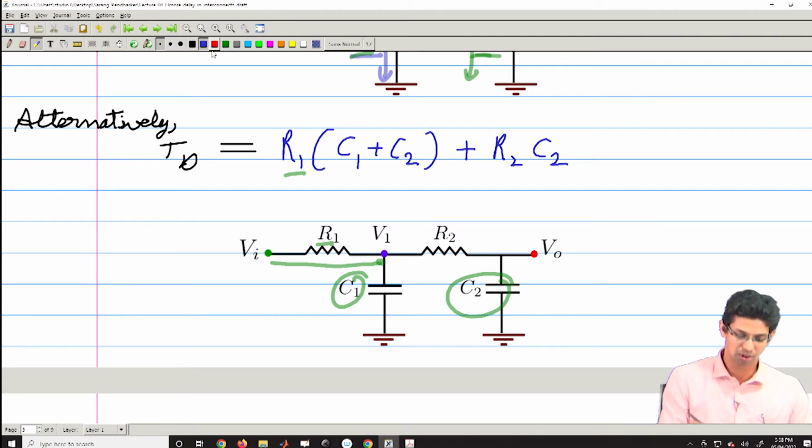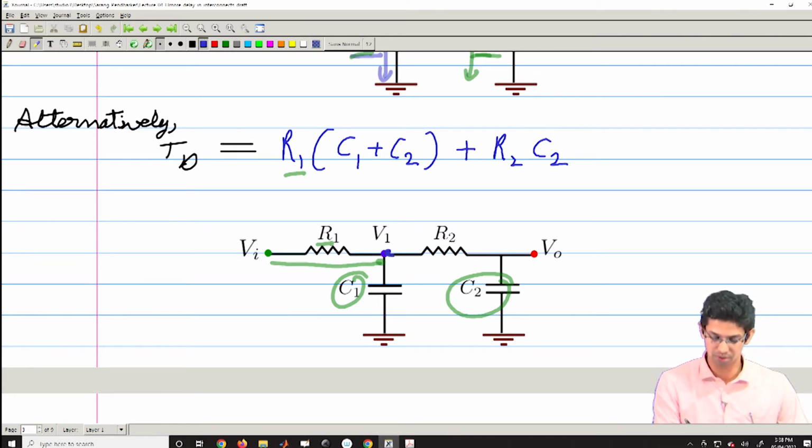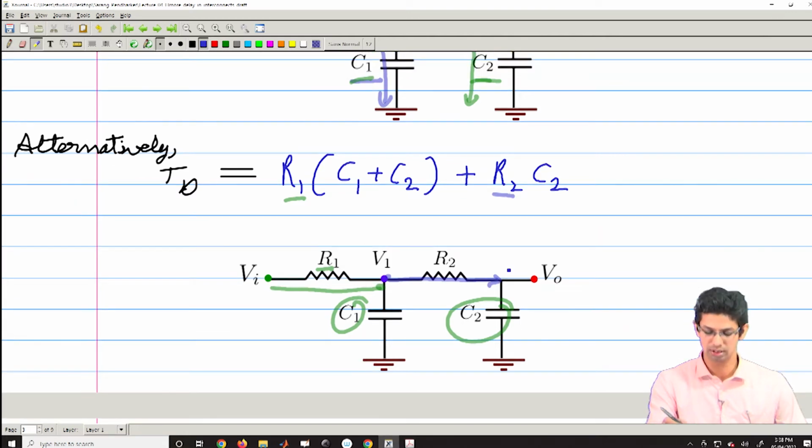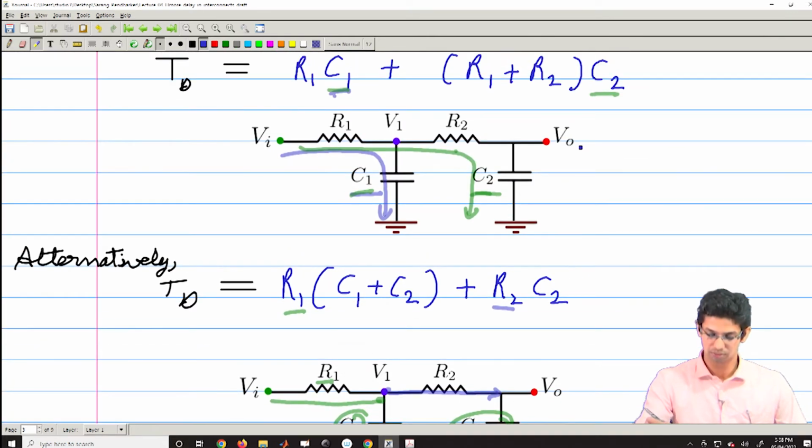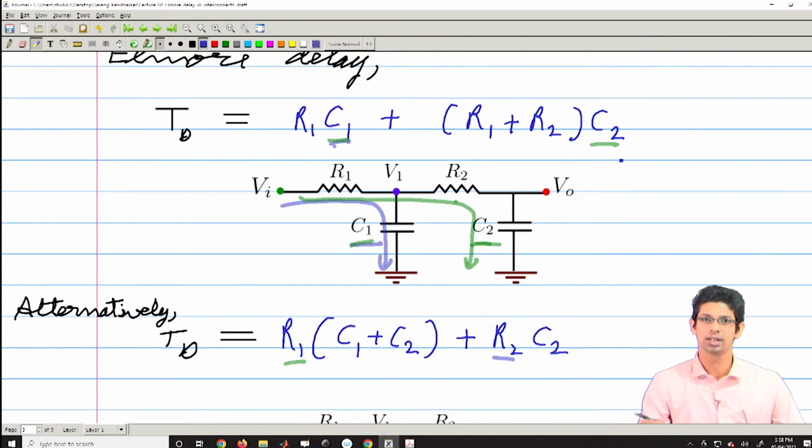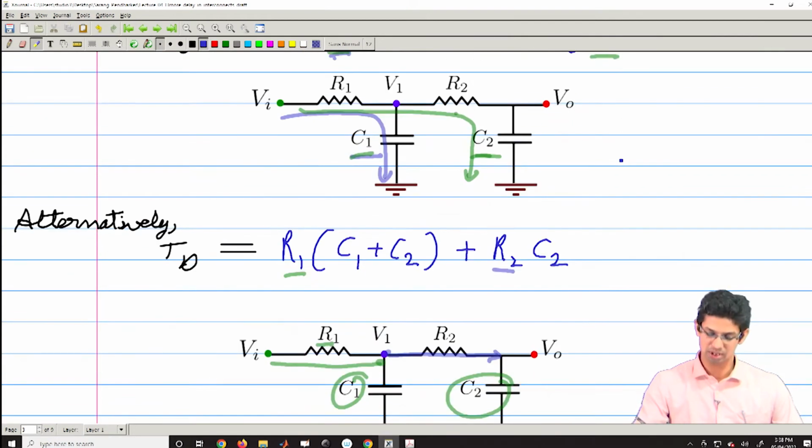Then you go from this point to this point. Here your resistance R2 is charging your C2. So, this is another way of looking at the same circuit. Both the expressions are the same. However, I personally prefer this approach, and why, that will become clear in the next lecture when we generalize this for branched interconnects as well.